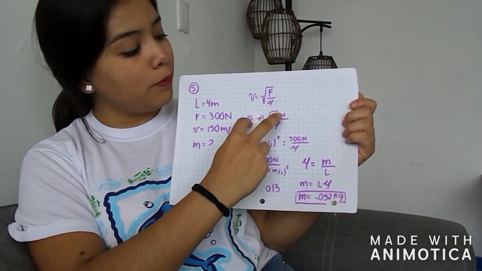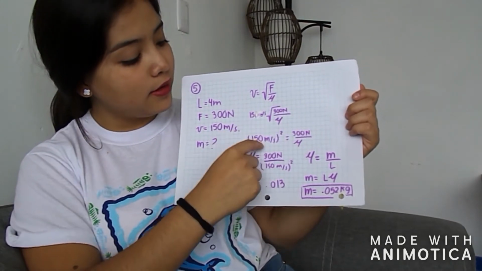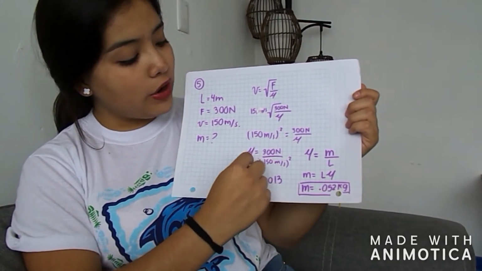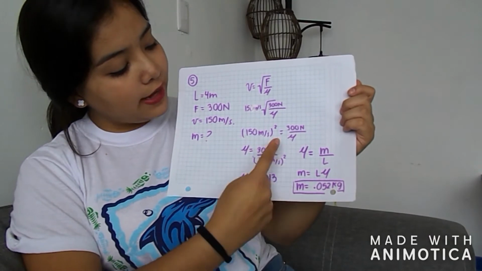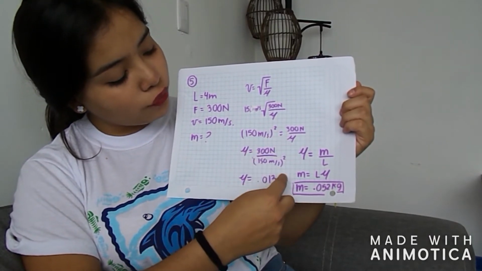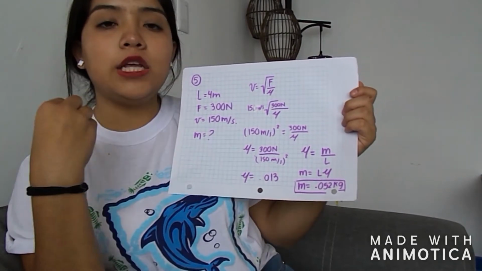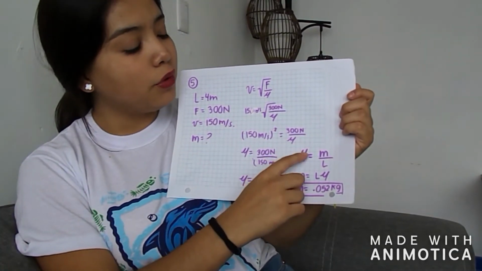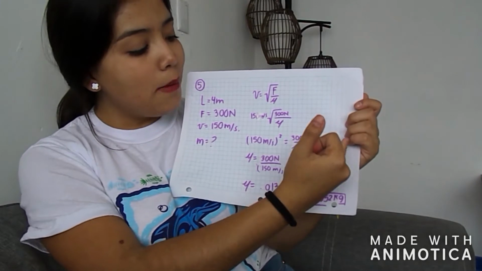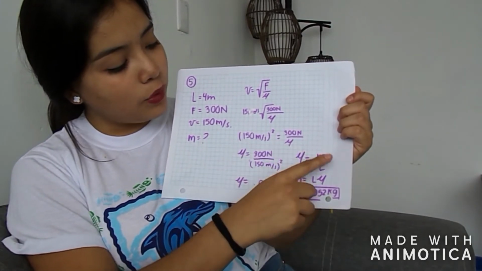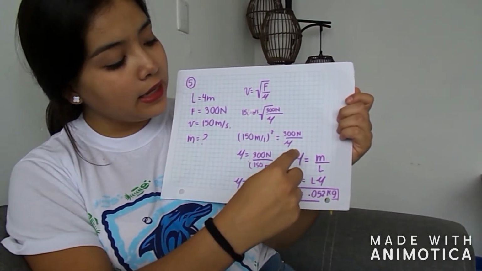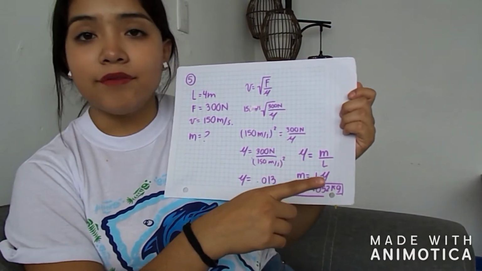We substitute the data that we have, and then we clear out for mu. We divide the force over the velocity squared, and when we get mu, we need to clear out for the mass with the formula of the constant, that is mass over length, and we pass the length multiplying, and then we have the mass.